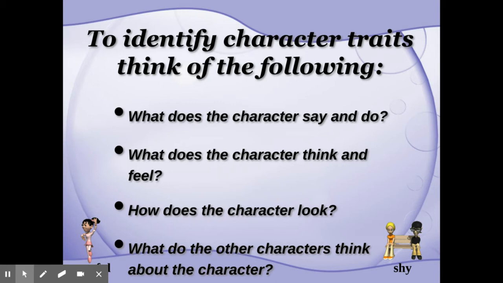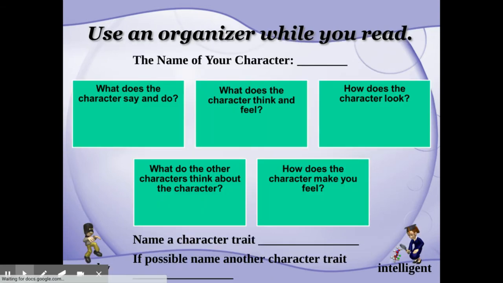How does the character look? So how do they look appearance-wise and emotionally? And what do other characters think about the character? So are other characters in the story interacting with the character? Are they talking about the character? And so those are all important things to remember when we're identifying the character traits.